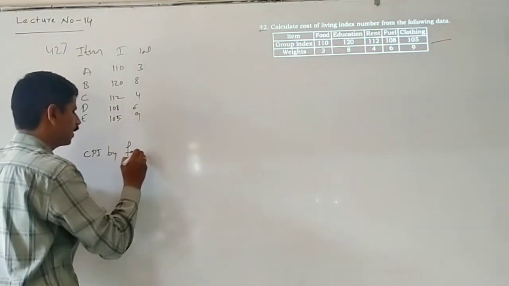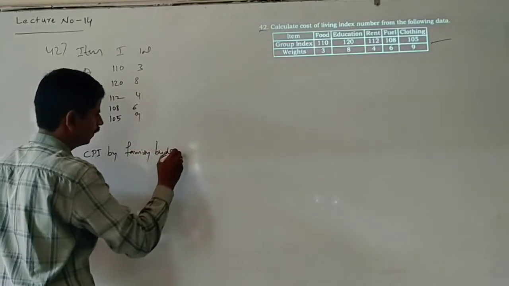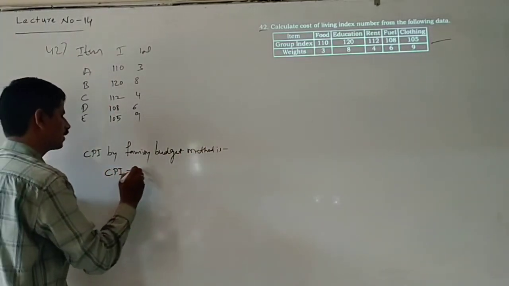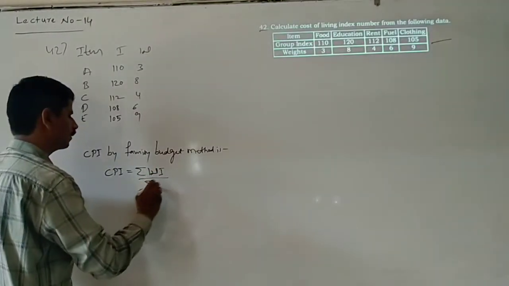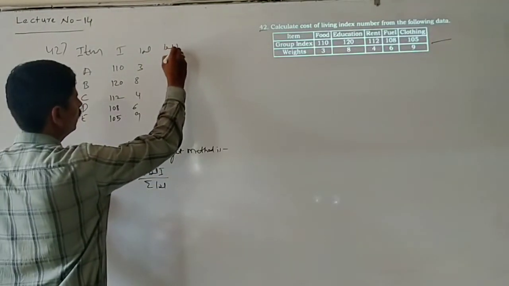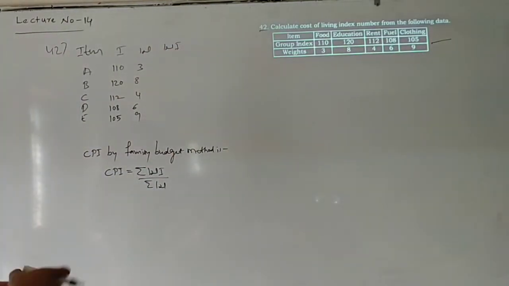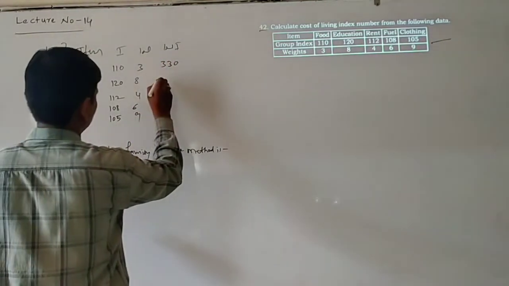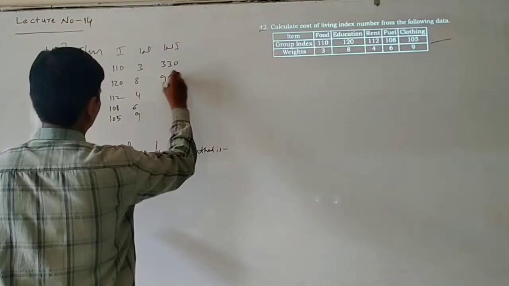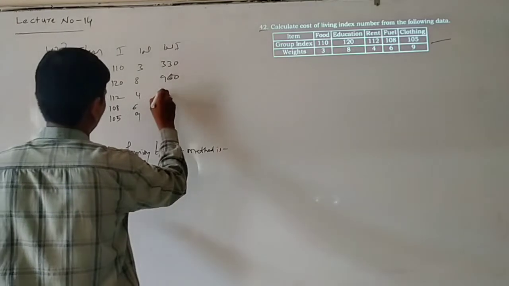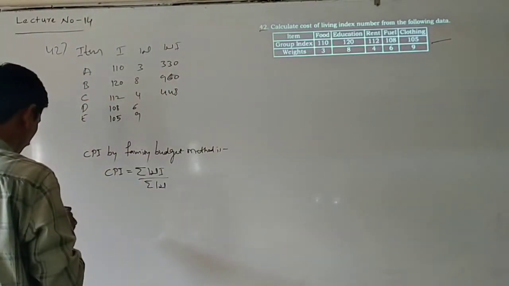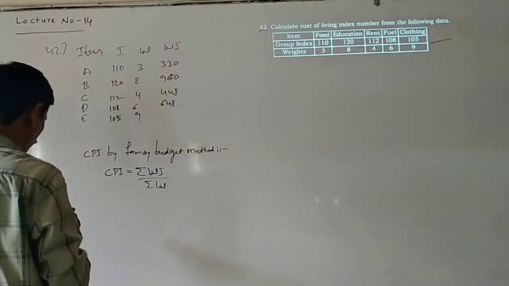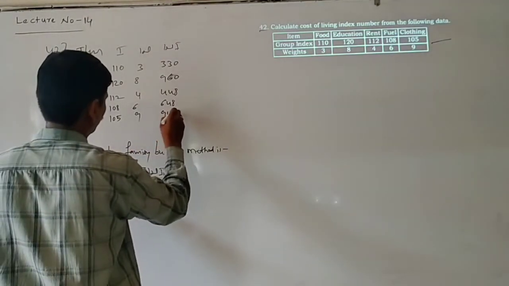CPI by family budget method is CPI equal to sum of WI by sum of W. Here we have to multiply W into I. 110 into 3 is 330. 120 into 8 is 960. 112 into 4 is 448. 108 into 6 is 648. 105 into 9 is 945.